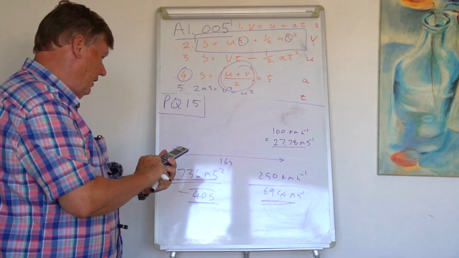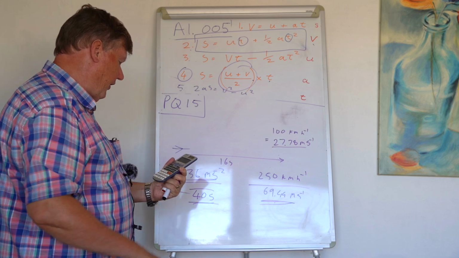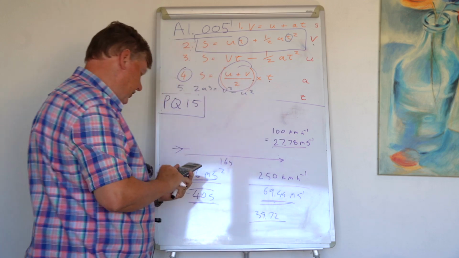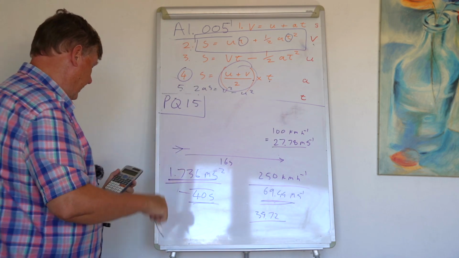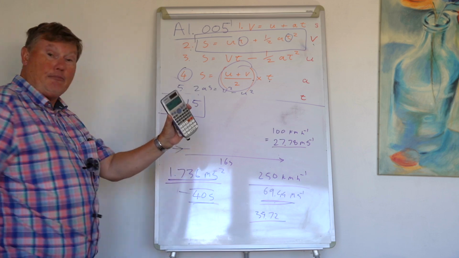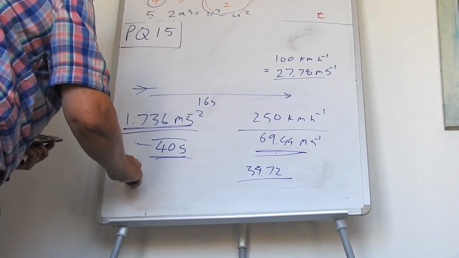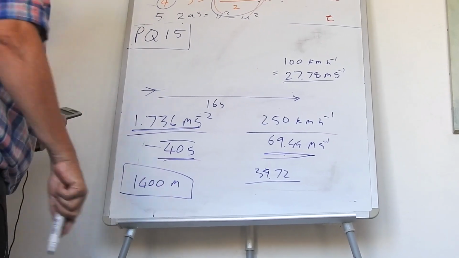Average speed is 69.44 divided by 2, 34.72 average. So if we multiply 34.72 by 40, it'll tell you how far it's gone down the runway. The runway is 1388.8 metres, to the nearest 100, 1,400 metres. It needs 1,400 metres to take off.